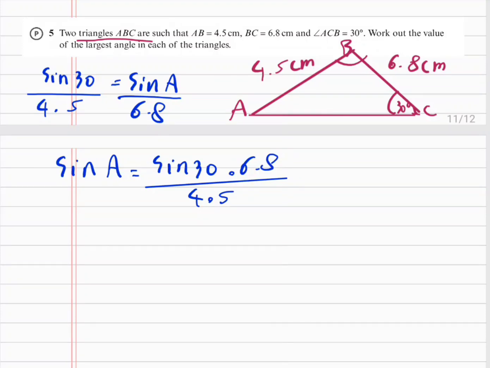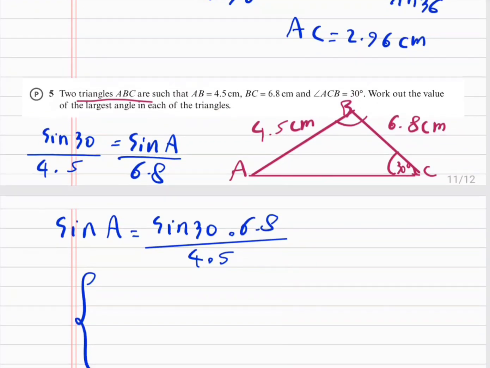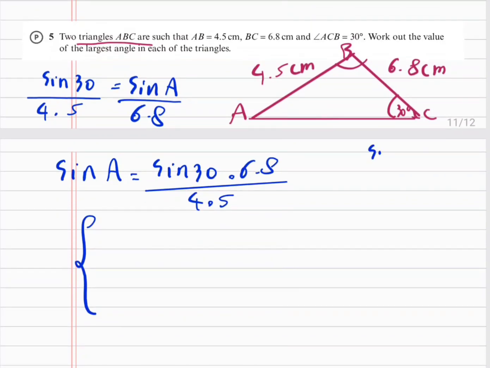And obviously we need to take the sine inverse of the right hand side. Now there are two possibilities. You need to remember a fact that sine theta in general is equal to sine of 180 degrees minus theta. So this is a fact, and this is the main reason that we sometimes deal with the ambiguous case of the sine rule.